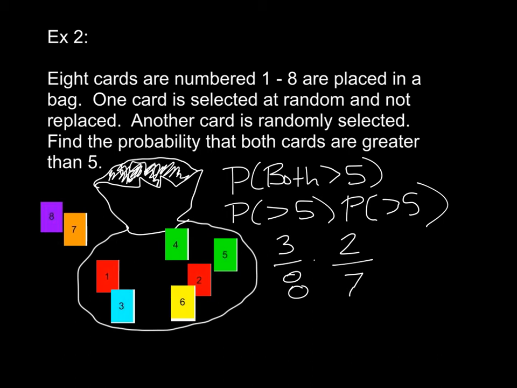We pull one out, so we've got one less card as a 7, and one less possibility here, so it's 2 over 7. We multiply this out, and we get 6 over 56, which reduces to 3 over 28. So the probability of reaching into a bag and pulling out two cards that are greater than 5, if we don't replace the first card, is 3 out of 28.